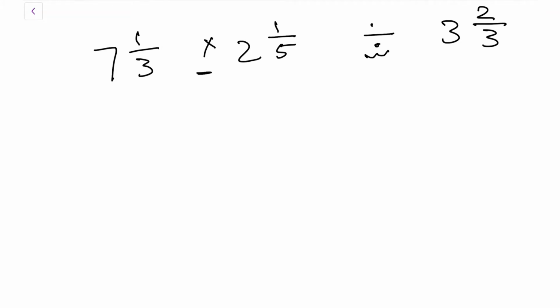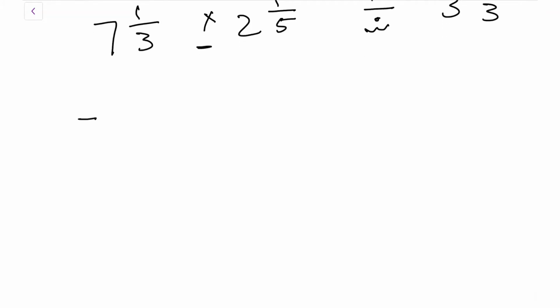Now let's take another example of simplification where there is a combination of multiplication and division. How do we do that? 7 1 by 3 into 2 1 by 5 divided by 3 2 by 3. As you can see, there is a combination of multiplication and division. All right.